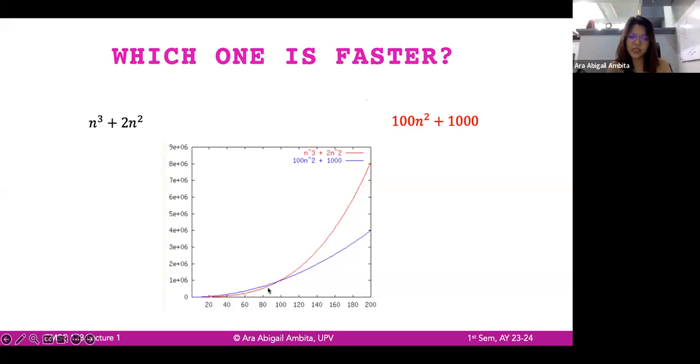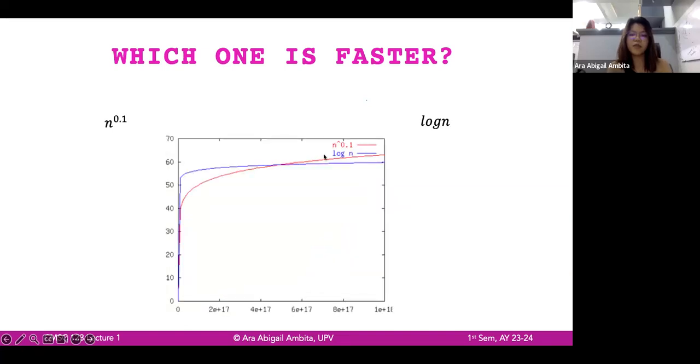Initially, n squared actually has higher running times for some input sizes than n cubed. But after some point, let's say here at input size 100, we can see the obvious growth of n cubed compared to n squared. So we can then say that O of n squared is better.